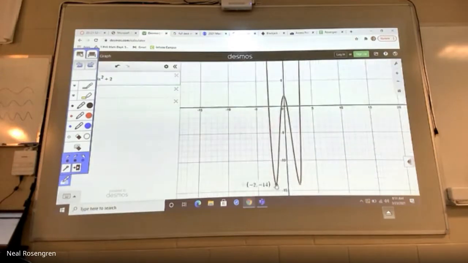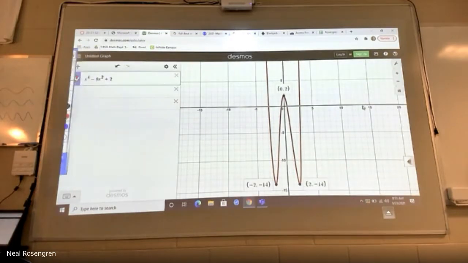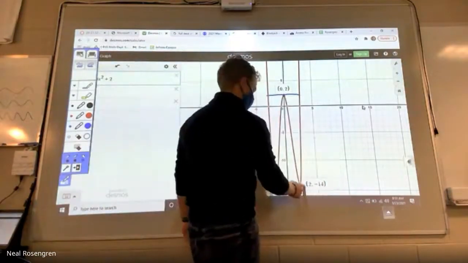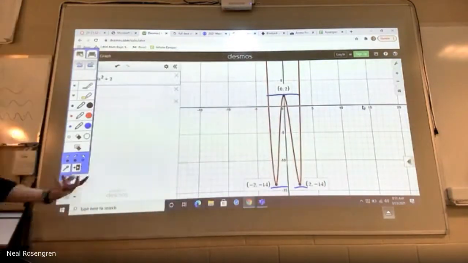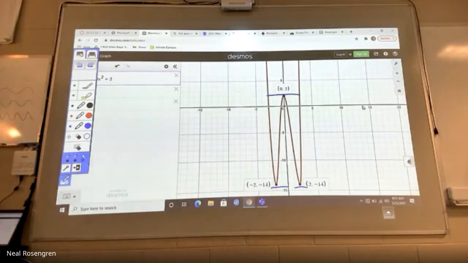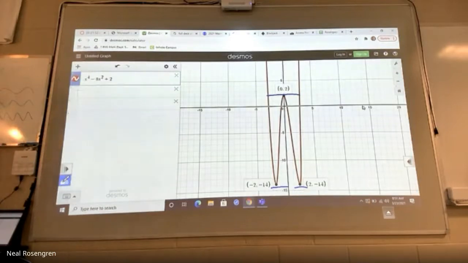There they are. 1, 2, and how would we find the y values? If we wanted to find the equation of this tangent line or this one or this one, if we wanted to know more about where those points are, how do we find the -14s and the 2? Now that we know we've got some x values.